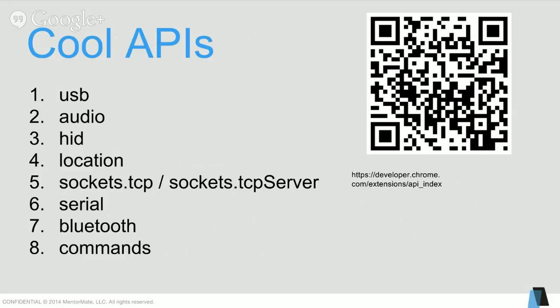He actually built his latest version of Allcast Receiver, which is a mirroring app. So you download the Allcast Receiver for Android, and then he built a TCP server that listens and receives those connections as a Chrome app. Serial port, so just like USB, Bluetooth, just like serial. And then there's also a set of system commands that you can run.